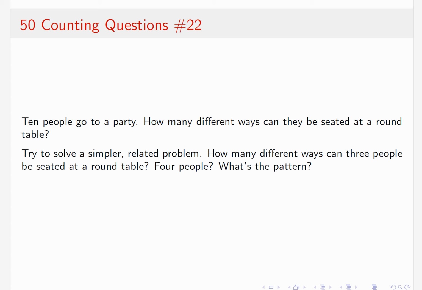But I can rotate that table 90 degrees, and it's not a different ordering. They're still seated in the same order, just facing a slightly different direction. Same thing if I rotate another 90 degrees. So for 4 people, it's not 4 factorial, it's 3 factorial. So it's n minus 1 factorial.